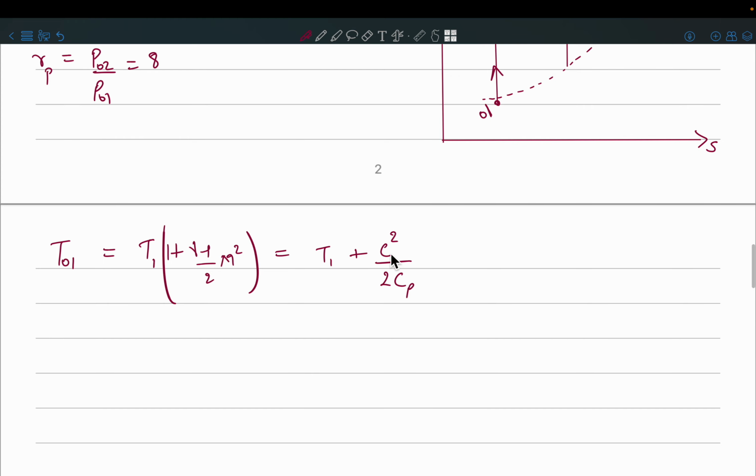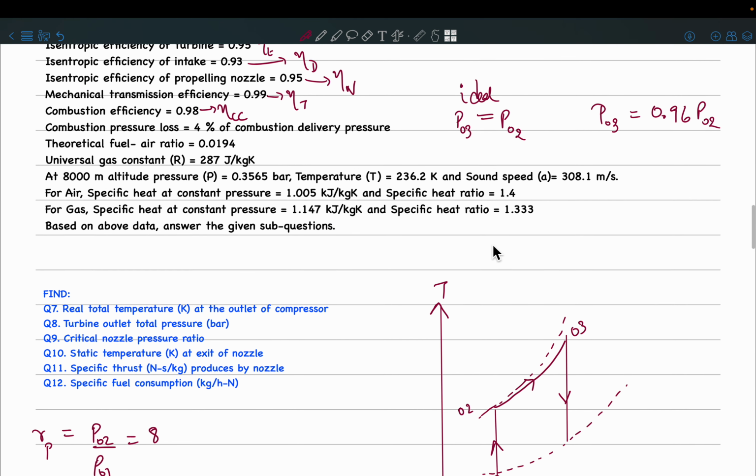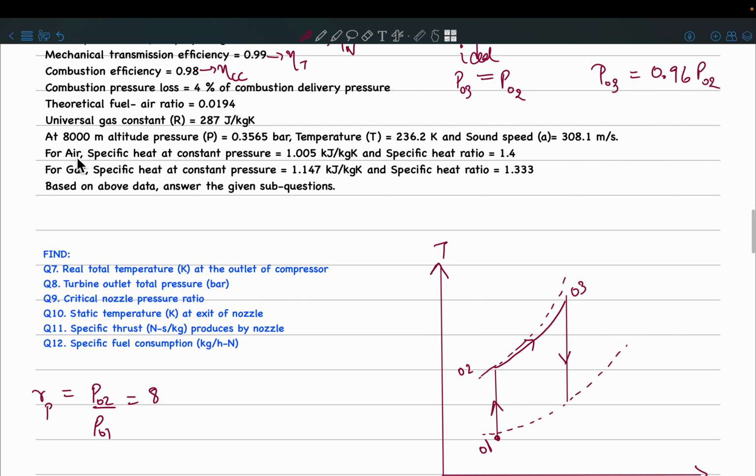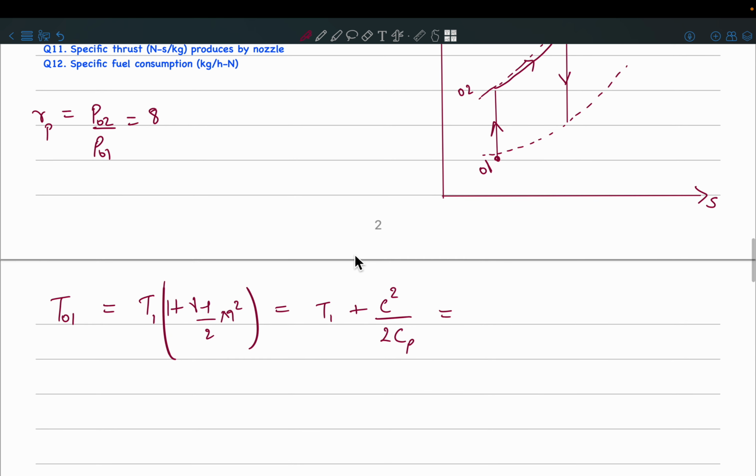Now we know C and T1, and Cp is also given. Which Cp will you use? For the compressor, only air is going through, so we will be using the value 1.005. If you plug in these values, what is the value of T0 that you get? Please calculate and tell me.